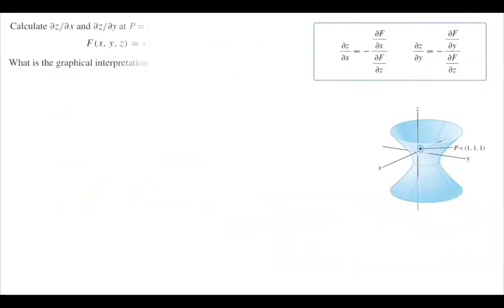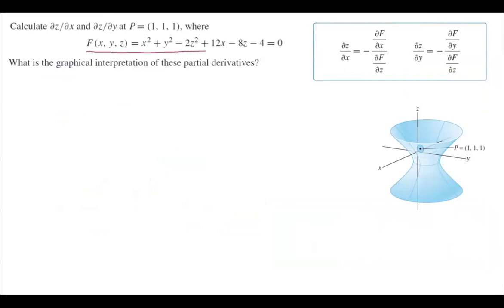In this example, the question says, suppose you have f of x, y, and z defined this way. What is the graphical interpretation of these partial derivatives? Remember that we are taking the partial derivative of z with respect to x, and of z with respect to y, and we have a point that has x1, y1, z1.